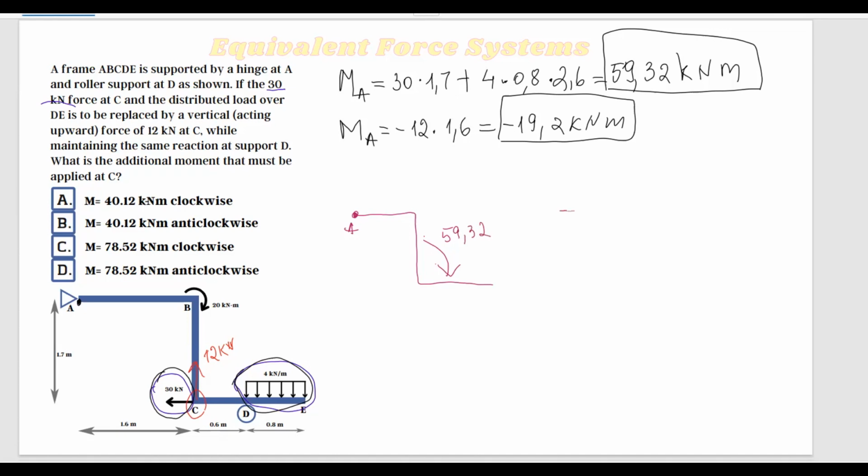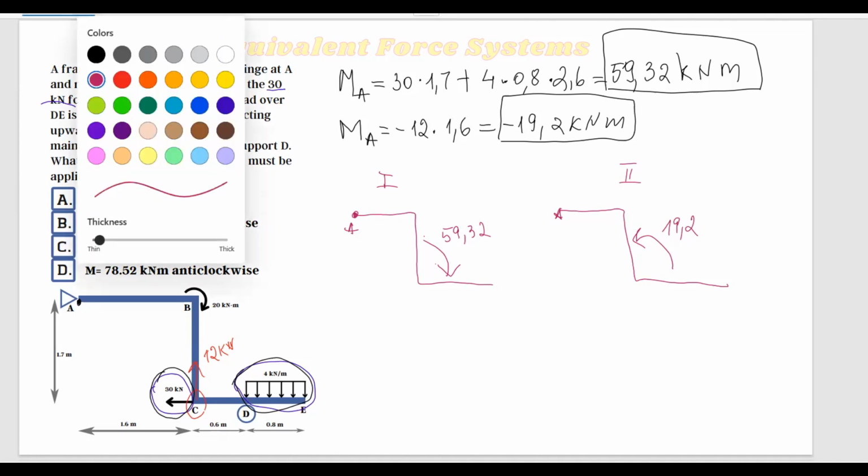Now in the second system, where we removed these two forces and we added the 12 kilonewton force going upward, so this is system number 1, this is system number 2, we got a moment going counterclockwise of 19.2. So now the question is, how do we make these two systems equivalent?